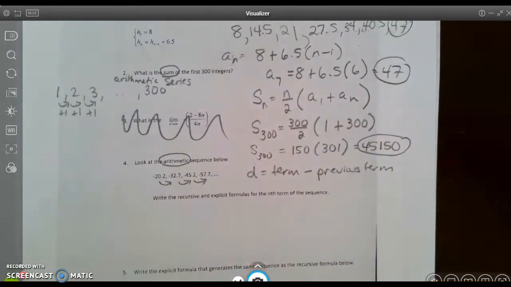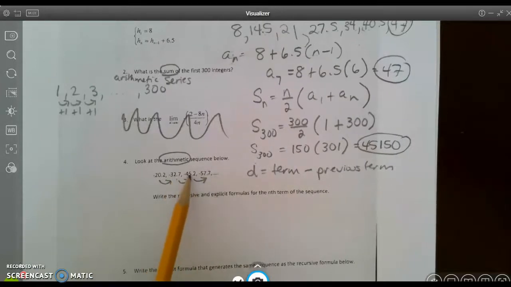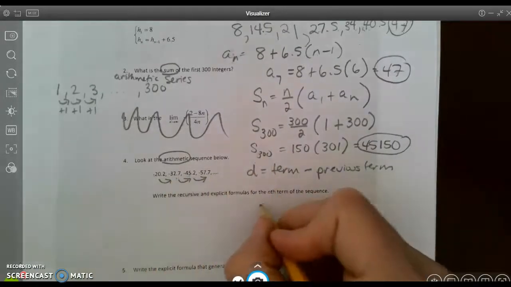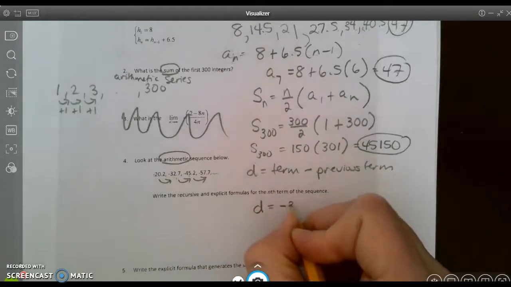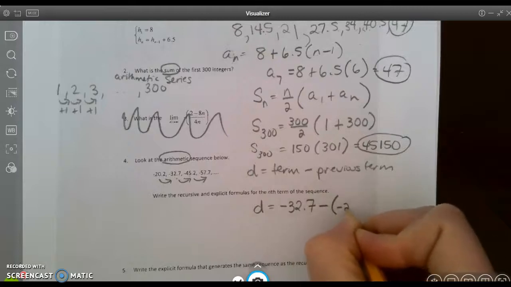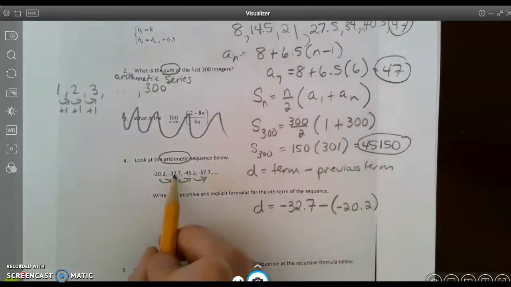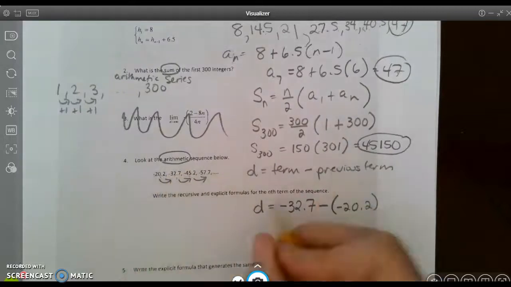And because I already know it's arithmetic, I can pick any term and subtract the previous. I could choose this term and subtract the previous, or this term and subtract the previous. I'm just going to go ahead and do negative 32.7 and subtract negative 20.2. Term minus previous.